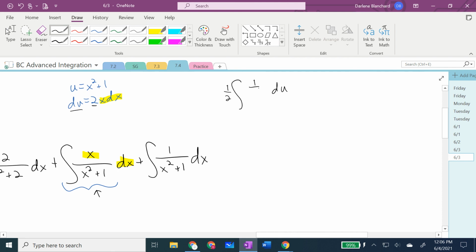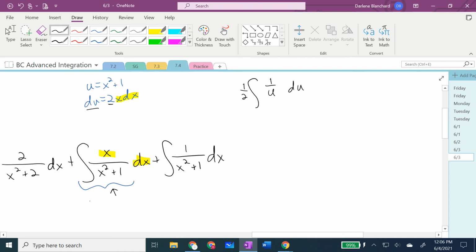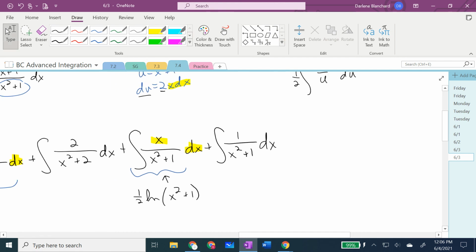And then all I have left is 1/u. And the integral is natural log of u. And my third one is integrated.